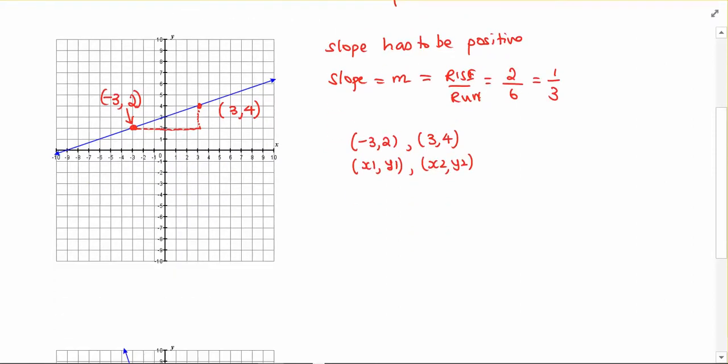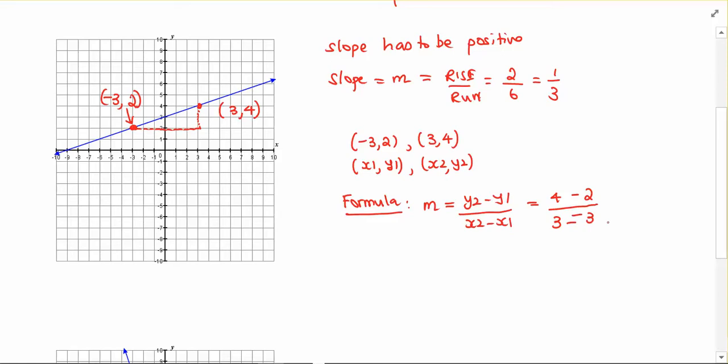So according to the formula, our slope would be y2 minus y1 over x2 minus x1. So in this case, that would be 4 minus 2 over 3 minus -3.